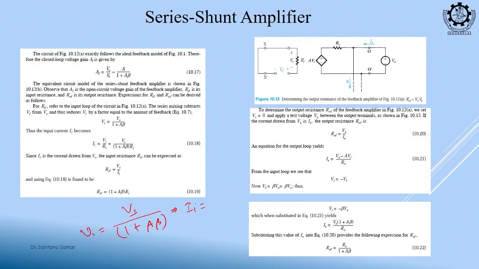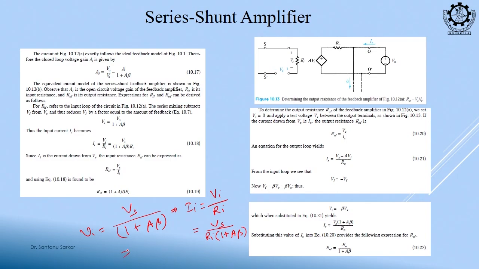So, from this we will calculate the input current. What is input current? Vi by Ri. Okay. So, what is Vi? Vi is this, we will put this: Vs by Ri into 1 plus A beta.